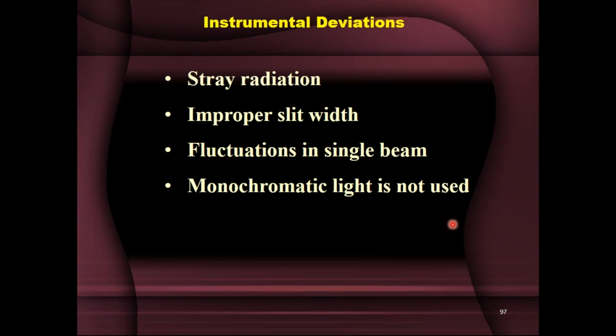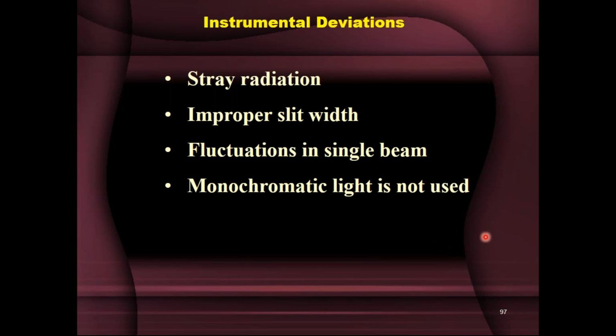So monochromatic light should be used. If we are using polychromatic light, what is polychromatic light? A beam with several wavelengths in it. Any of the lamps that we use in spectroscopic instruments are polychromatic sources. Which are the monochromatic sources? Pure monochromatic sources are lasers.